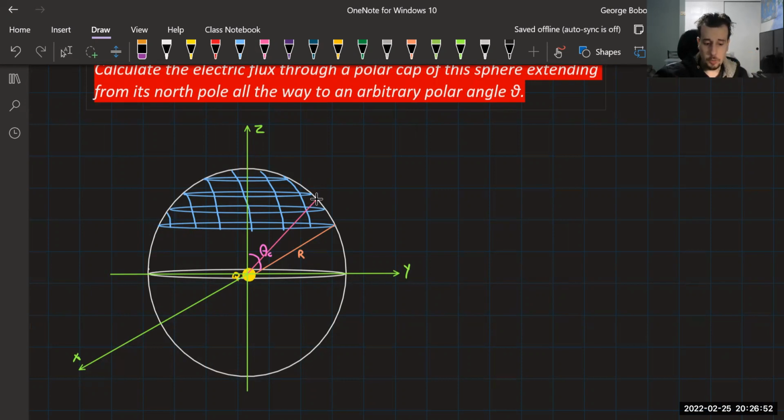I'm sitting at an angle, some opening angle theta. If I move around, my distance from the origin is still capital R. I'm just drawing a circle on the surface of the sphere.